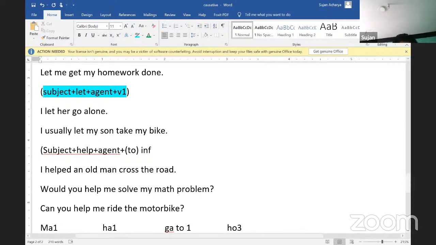If get is followed by an agent, to plus V1; if have is followed by an agent, use V1; if make is followed by an agent, use V1.